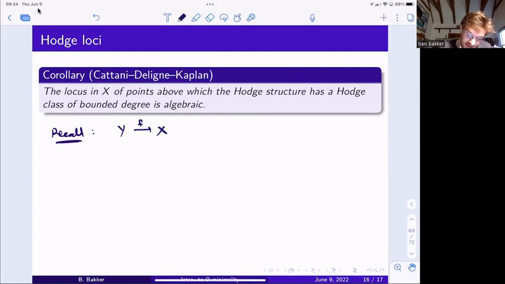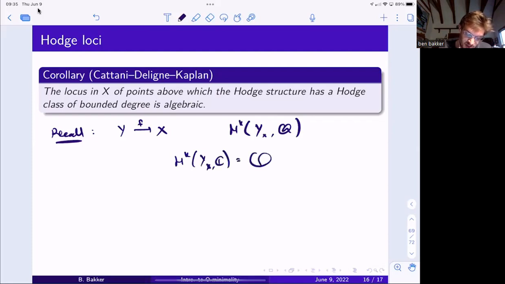The fiber above a particular point of X is the kth cohomology, with Q coefficients, of the fiber. And we know that the Hodge structure is given by the decomposition into H^{p,q} pieces over C, where p plus q equals k.